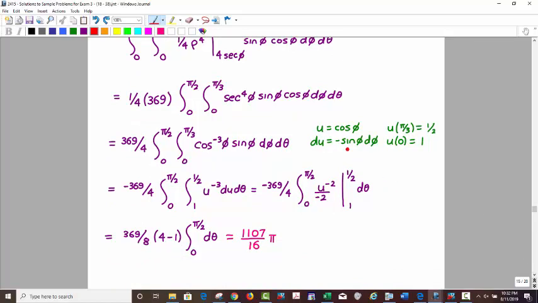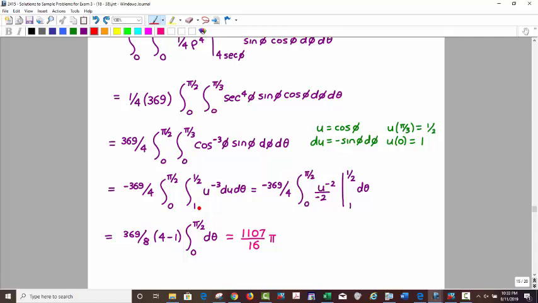That fits well, except we're going to have to bring a negative outside with that 369 over 4. And changing the limits of integration, I put in pi over 3. Cosine of pi over 3 is 1/2. Cosine of 0 is 1. So I have 1/2 on top, 1 on bottom.